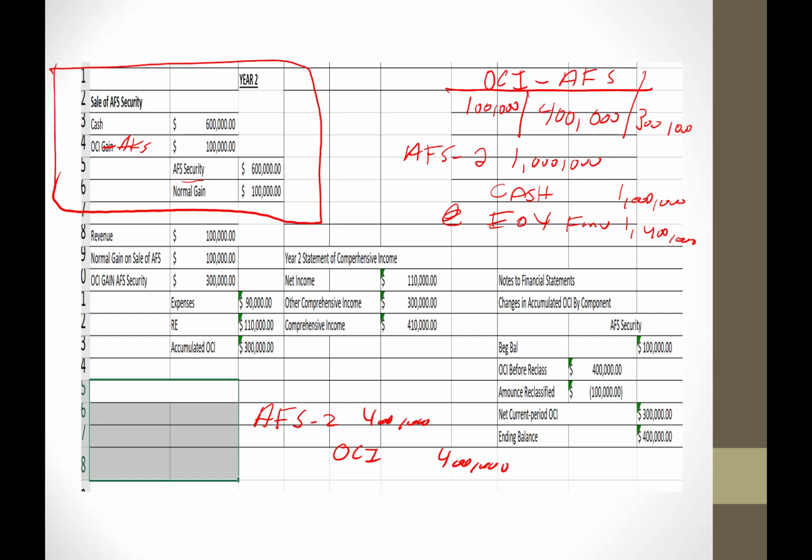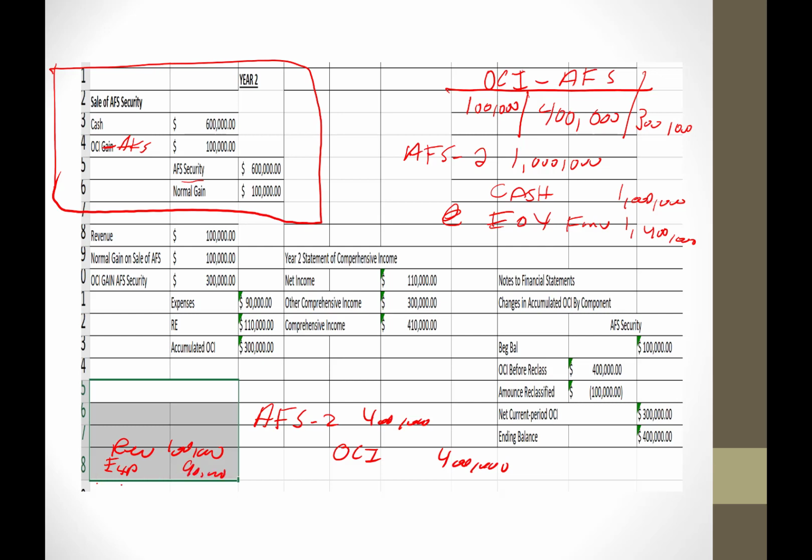Okay. So when you take a look at my statement of comprehensive income, notice, guys, let's just do the income statement first so I don't mess this up. I've got the revenue of 100,000. I've got expenses of how much? Expenses are 90,000.